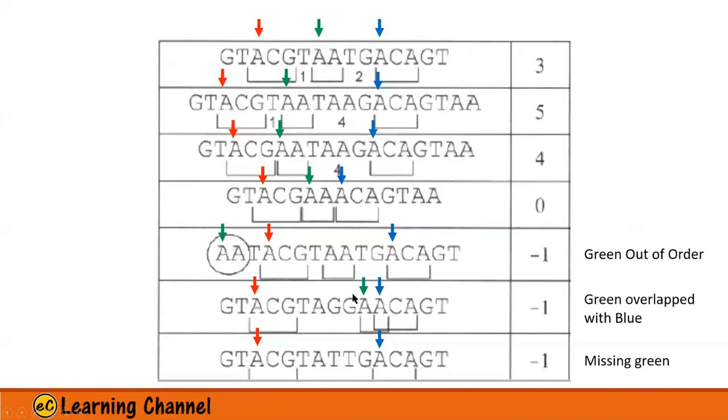Second, if there's an overlapping, you compare two neighboring gene types, and if the second one overlaps with the previous one, you can determine that by calculating the first occurrence and the length of the gene. You find out whether there's an overlapping or not.